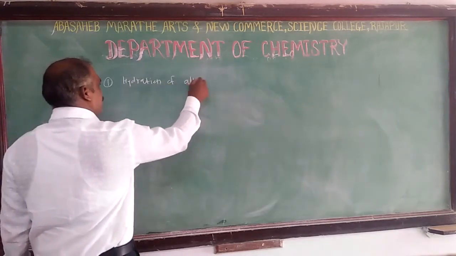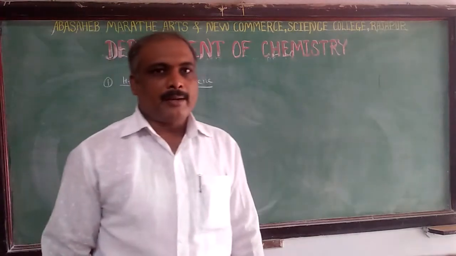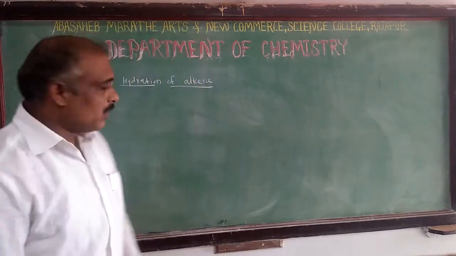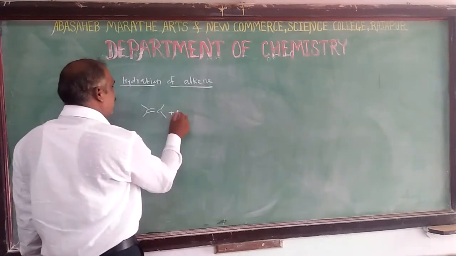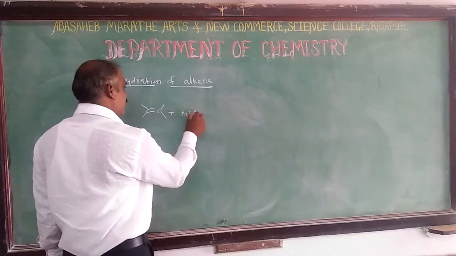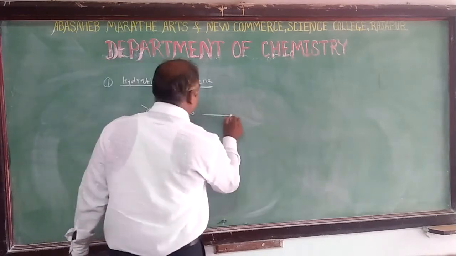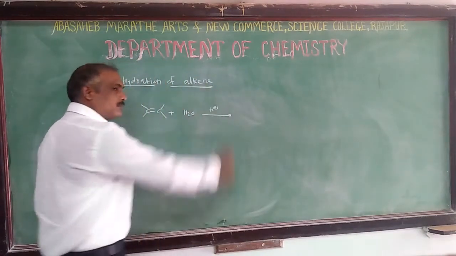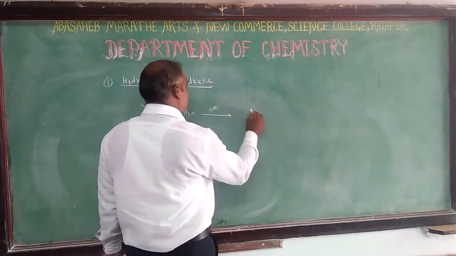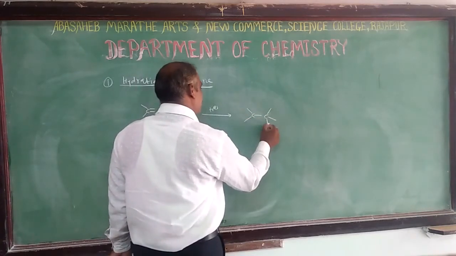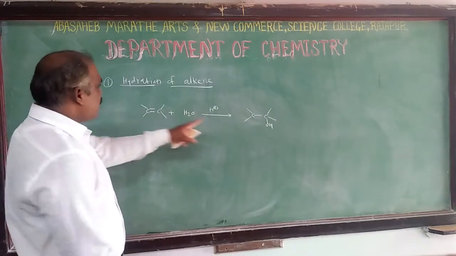In this method, a general alkene is treated with water in acidic conditions and gives the corresponding alcohol. So this is a general reaction for the preparation of alcohols.